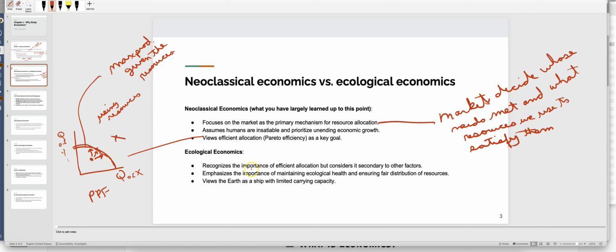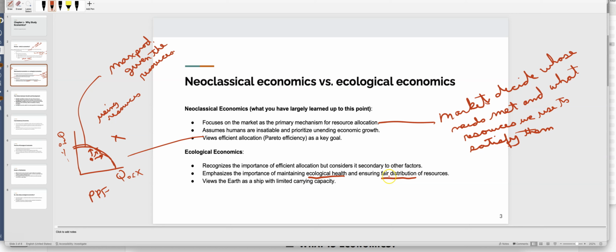It's still important to be efficient because you don't want to waste resources. But you're going to care about other things as well. And those other things that you're going to care about are things that we don't talk about generally in an economics course.